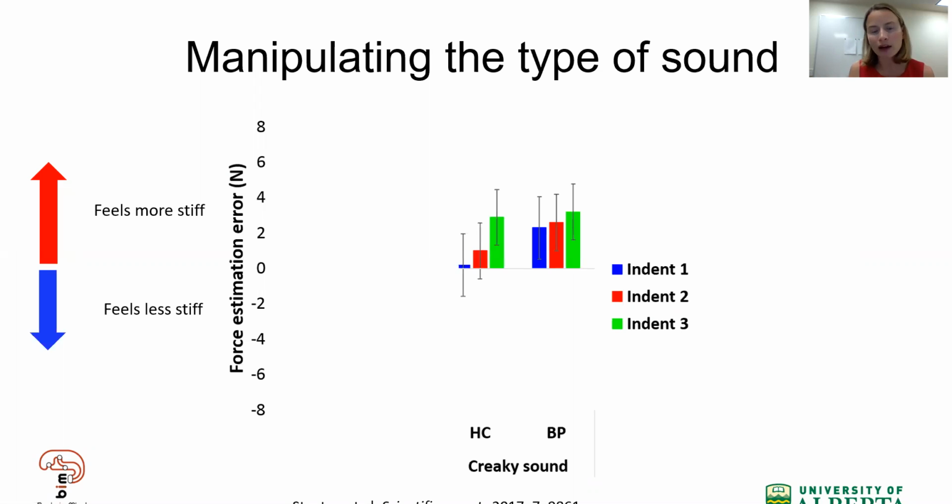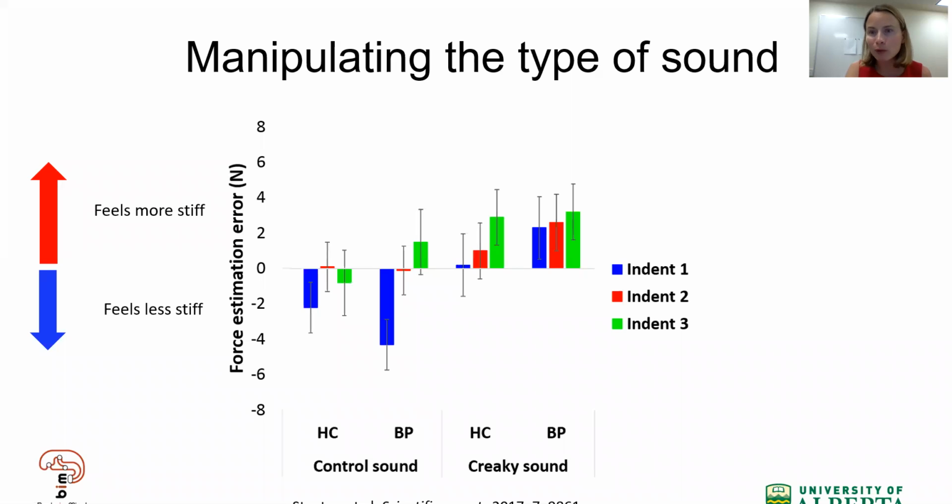And so this is healthy controls on the left and people with back pain and back stiffness on the right. And you can see in both groups, having that creaky noise paired with pressure on their back increased those feelings of back stiffness, this correlative of feeling more stiff. And we see something very different when we have that nice whooshing control sound.